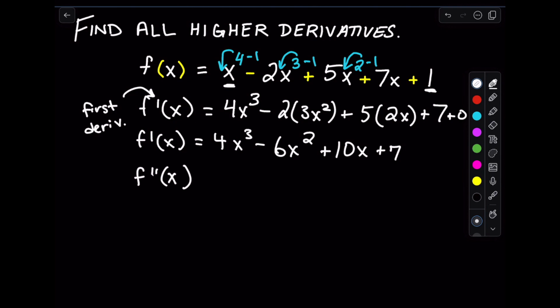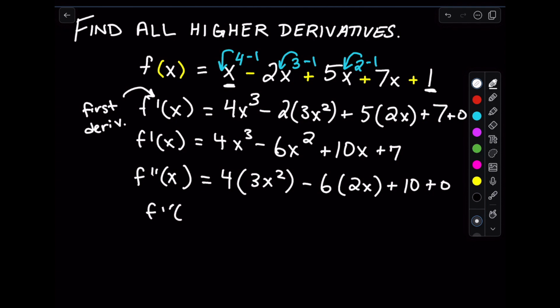So f double prime of x, or the second derivative of f of x, equals 4 times 3x squared minus 6 times 2x plus 10 plus 0. Simplifying that down further, we have 12x squared minus 12x plus 10.